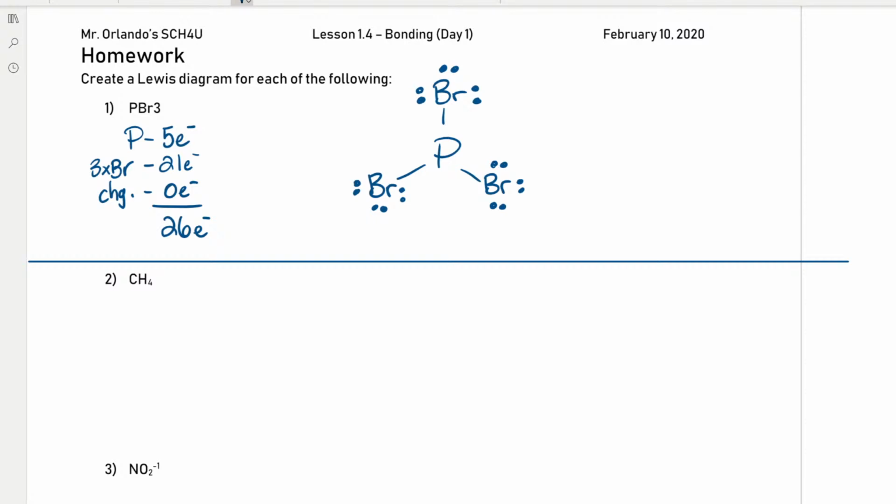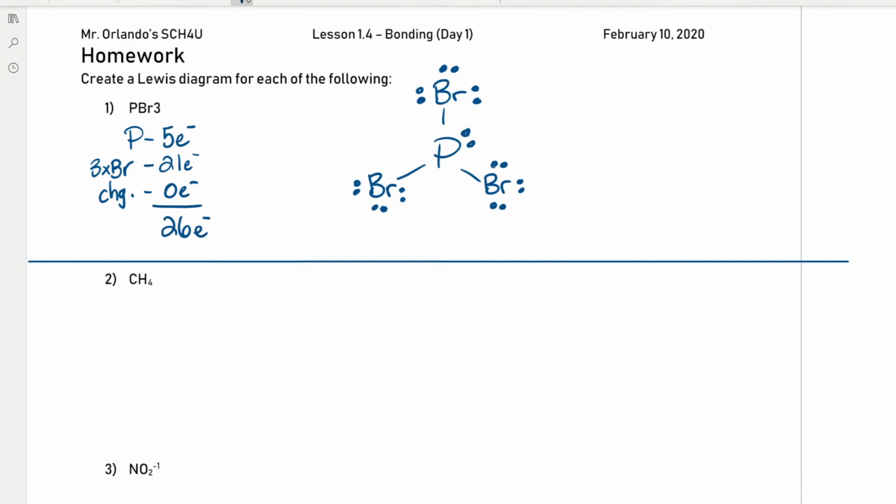And then we would count. And if we count, this will give us 8, and this will give us 8, and this will give us 8, and that brings us to 24. But we don't need 24, we need 26. So we're going to need 2 more electrons, and we're going to put them right there.